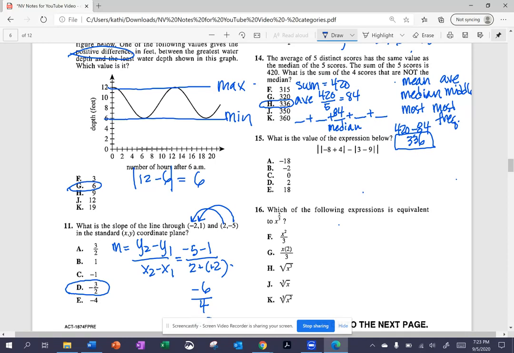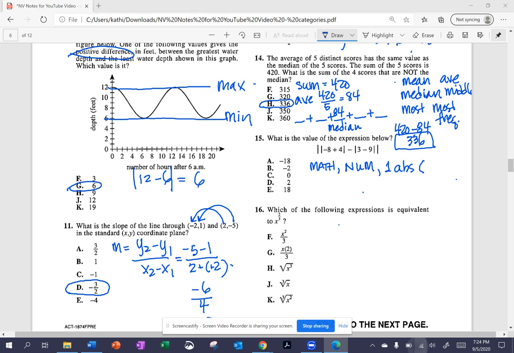Number 15. What is the value of the expression below? So this is an absolute value inside of an absolute value. If you want to put it in on your calculator, absolute value is under math, number, and then it's the first one, and it says ABS.